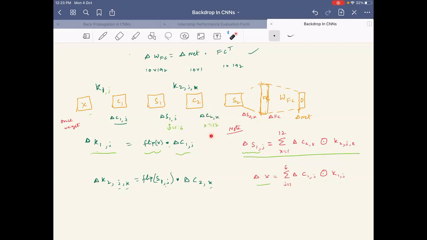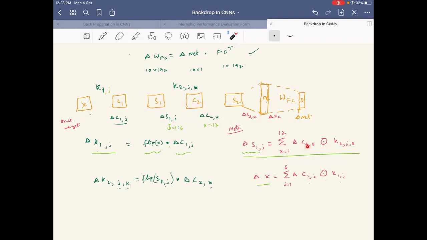All these 12 maps will have a contribution of their error back in each of these 6 maps, because in each of the 12 maps you have the contribution of all 6 maps involved. There is a connection between these 12 maps and 6 maps, and 6 maps and 12 maps.